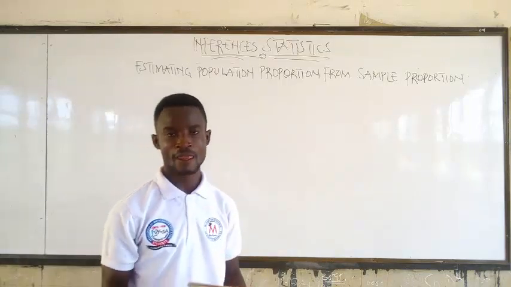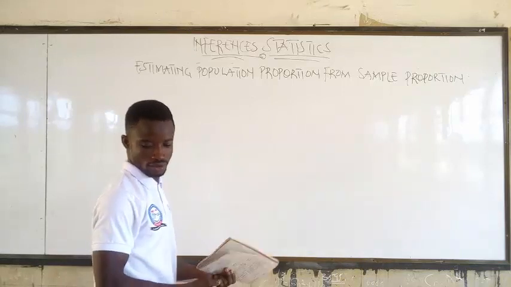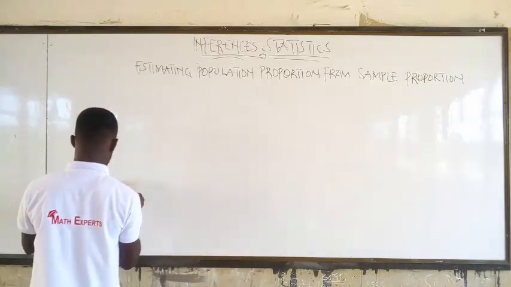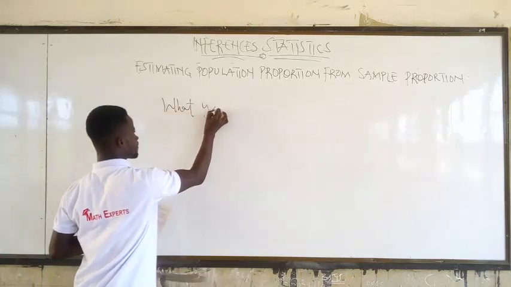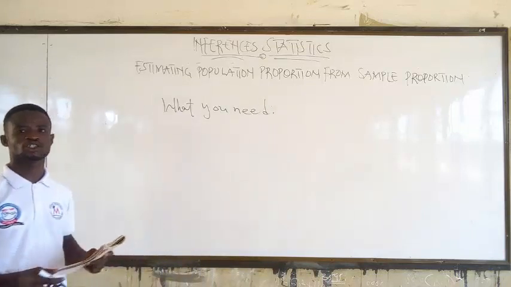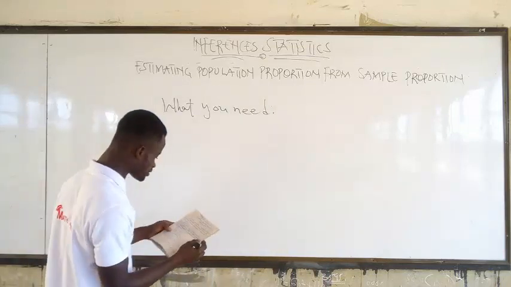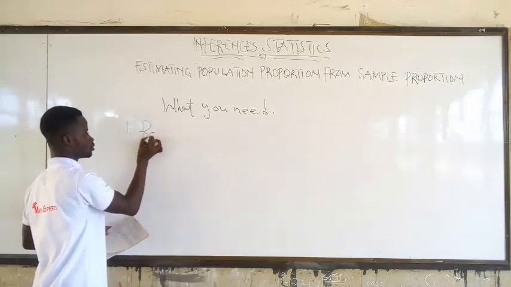So now let's see what you need here. The first thing you need is a random sample.